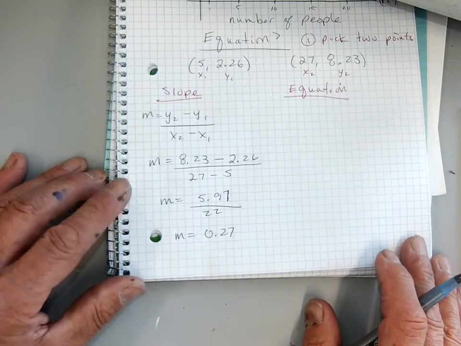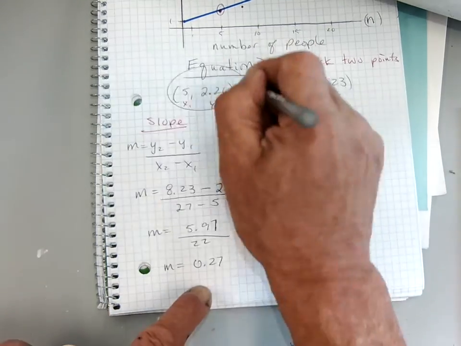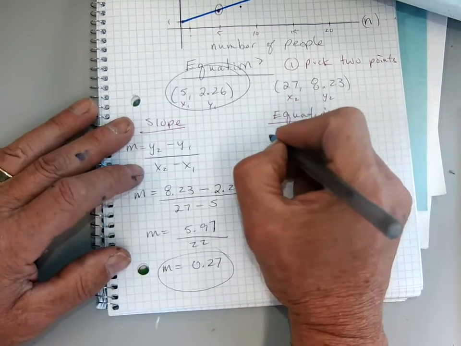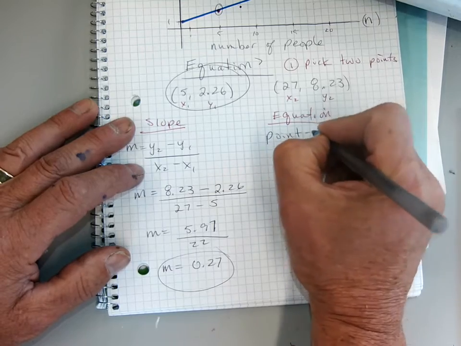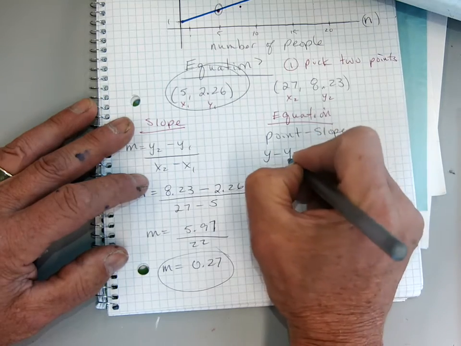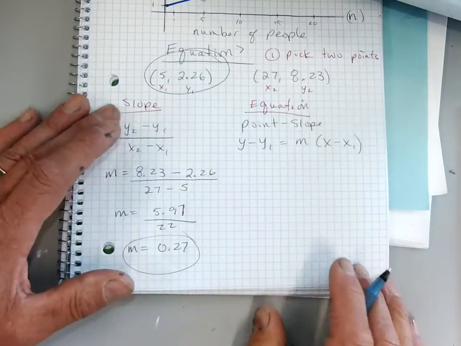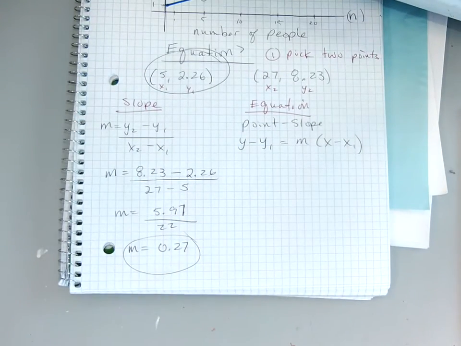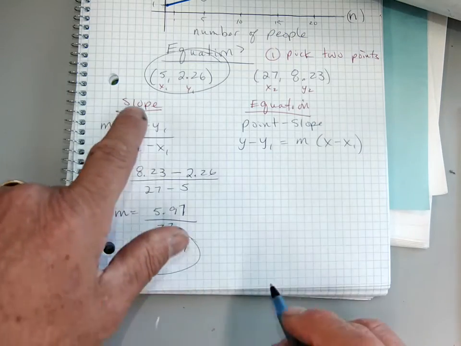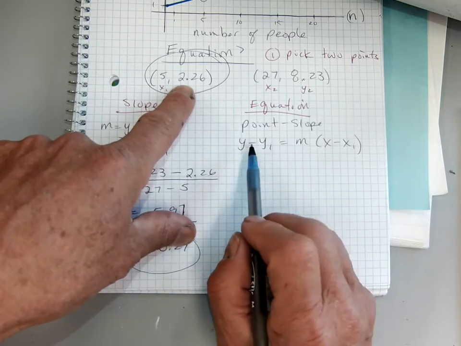Now I need the equation, right? So I have a point and I have a slope. So I'm going to use my point-slope formula, and that is y minus y1 equals m times x minus x1. I'll plug my 5 in for x1, and my 2.26 for y1.